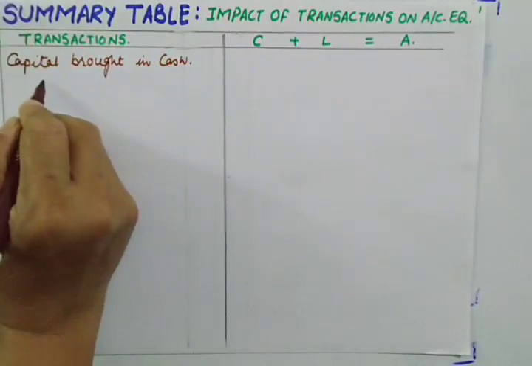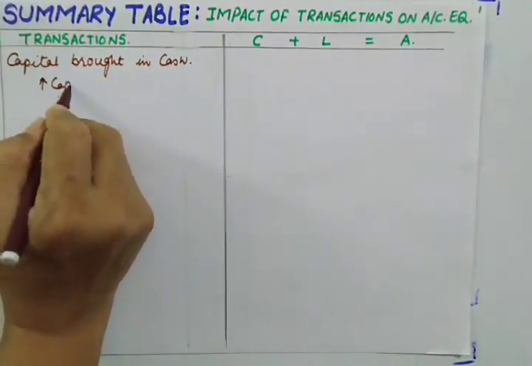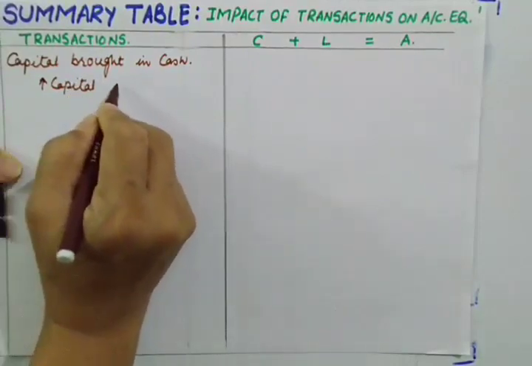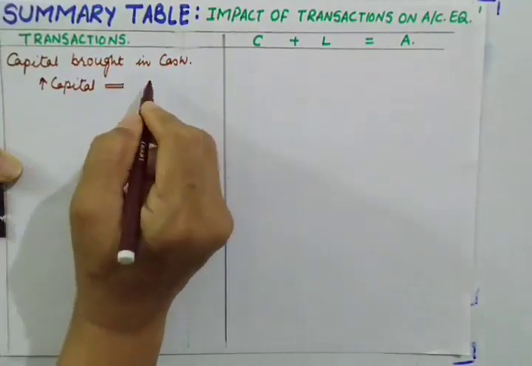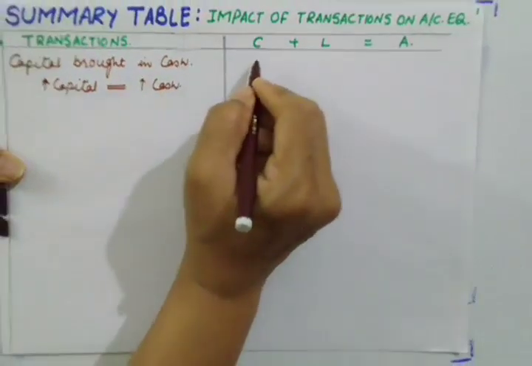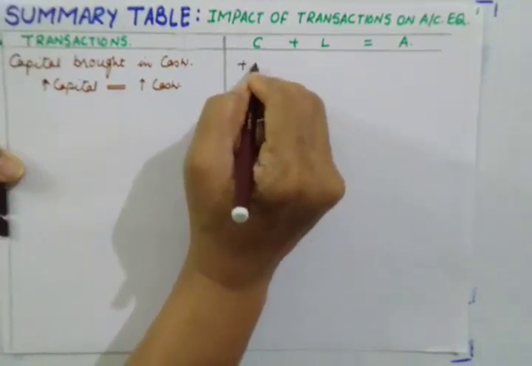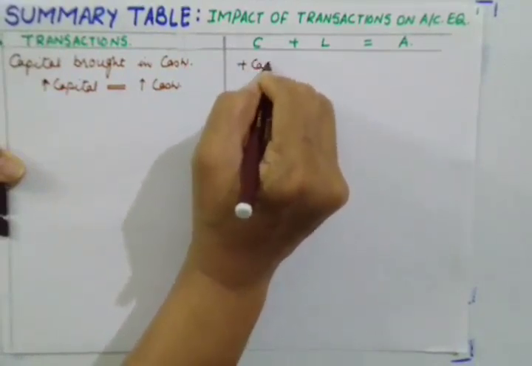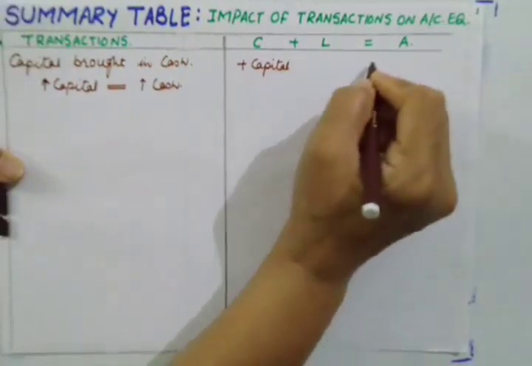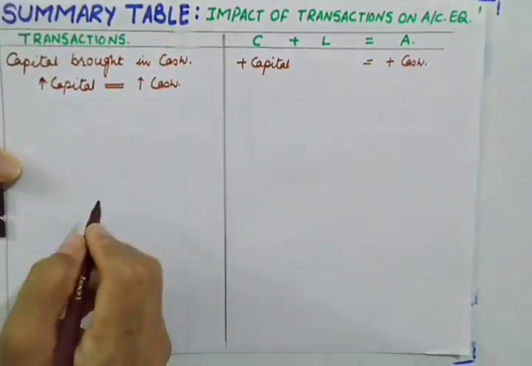On one side it will increase the capital, this sign I am using for increase, and on the other side of the equation it will increase the cash. So finally, it will be added in capital, and also added in cash on the asset side.